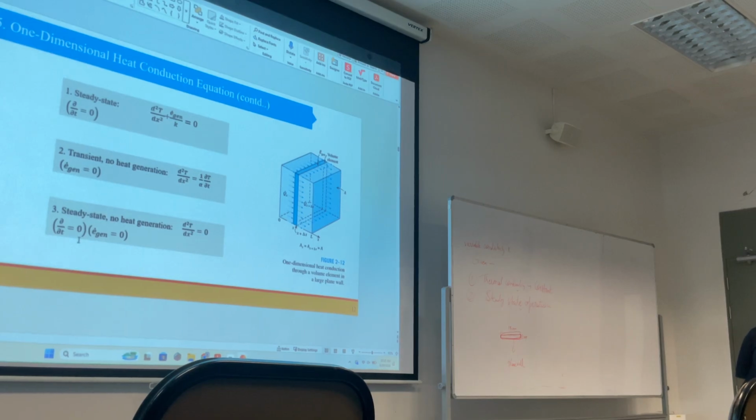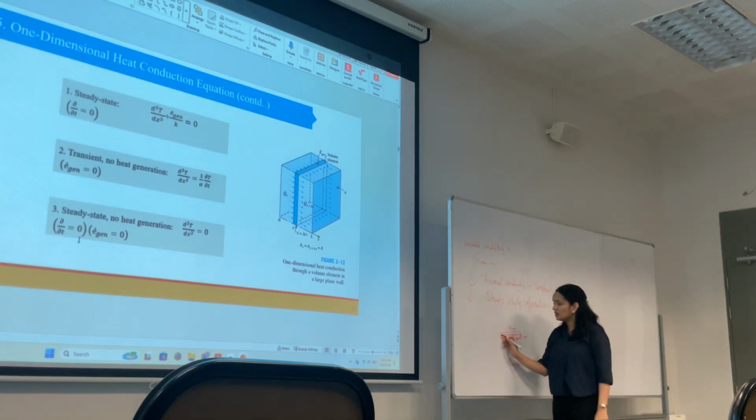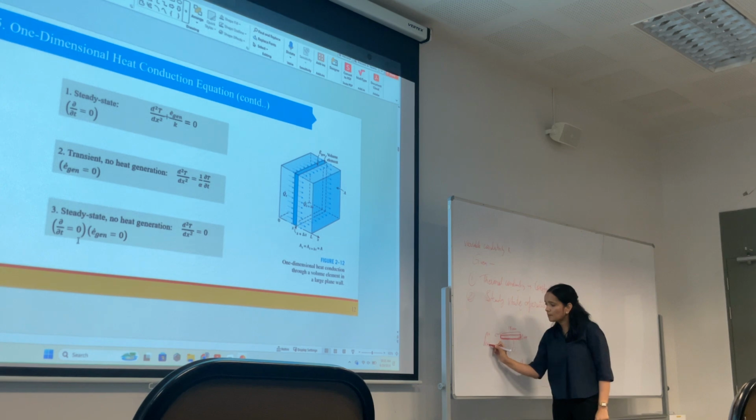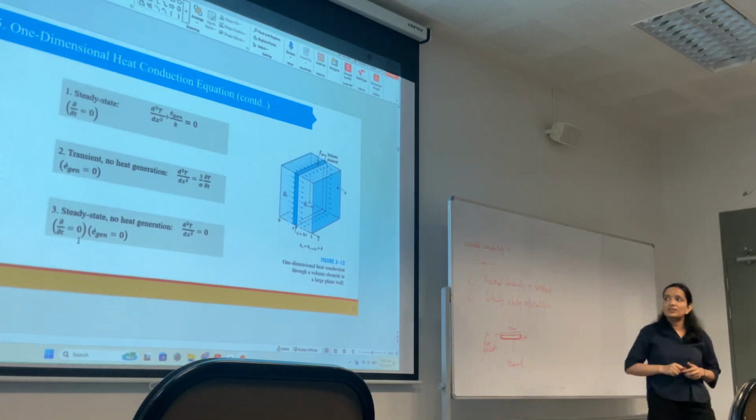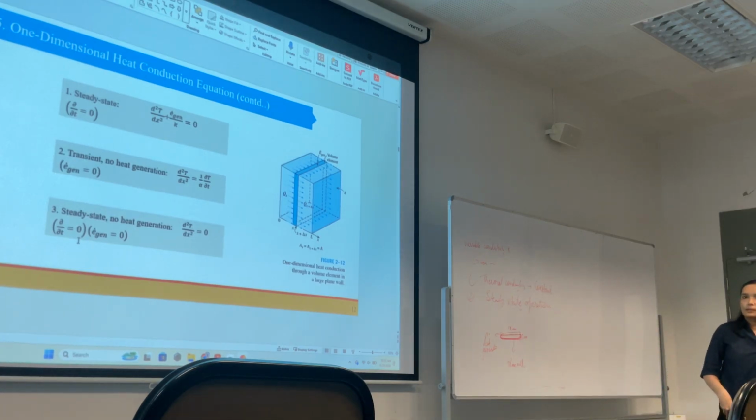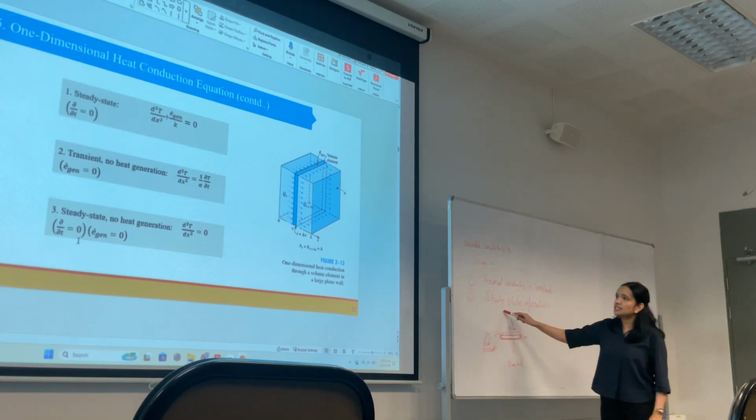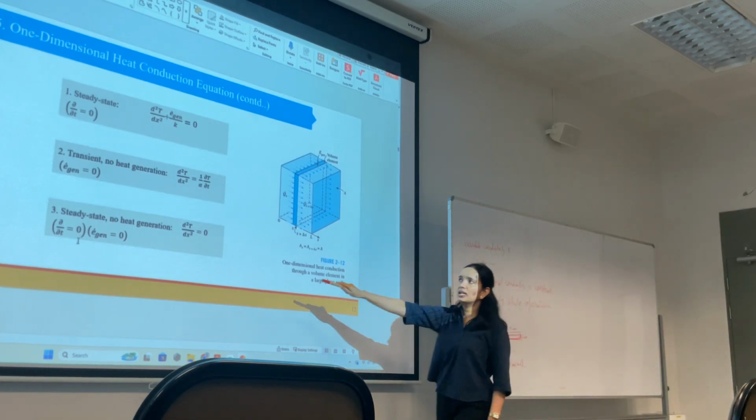Which one? And the question also does not say anything about heat generation, right? This pan has no heat generation. So which formula out of these three? It's a steady state, so either first or third, right?